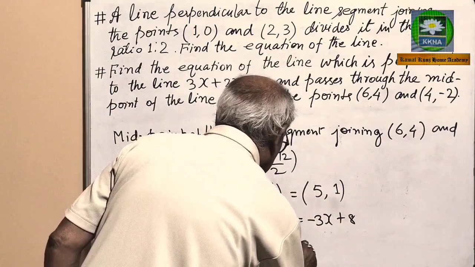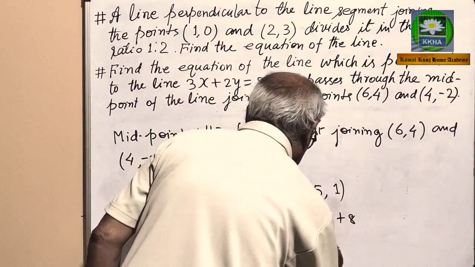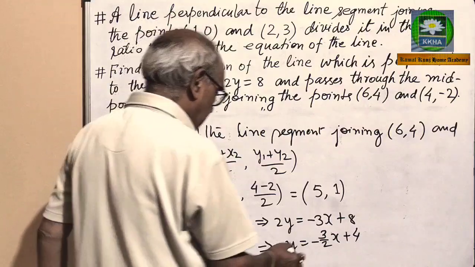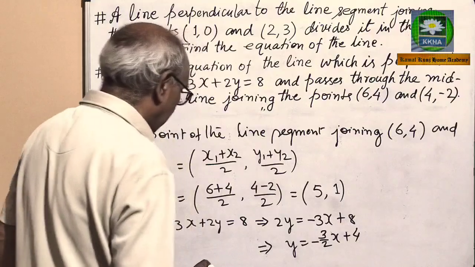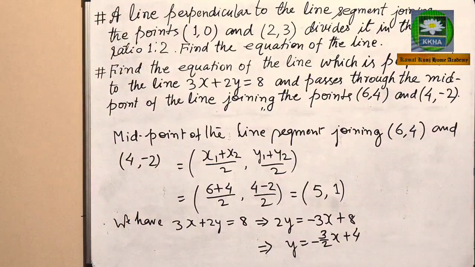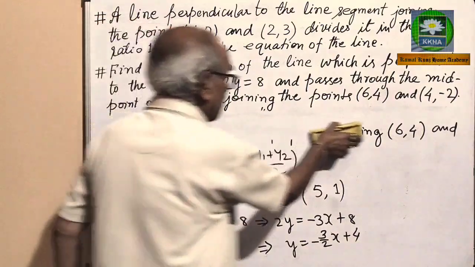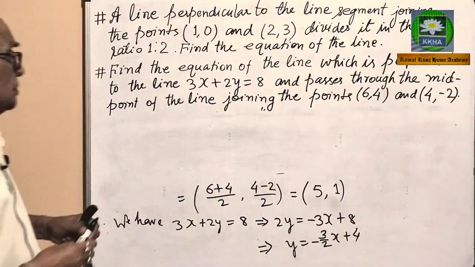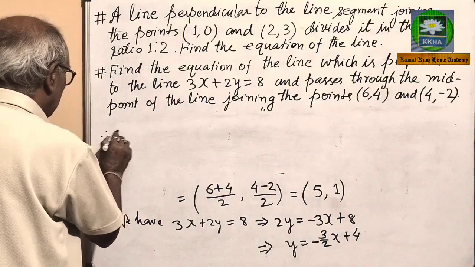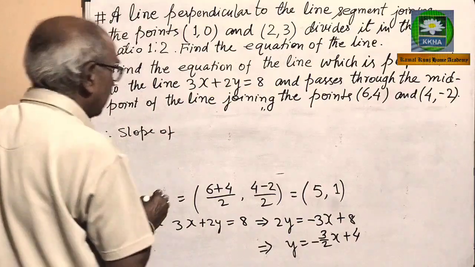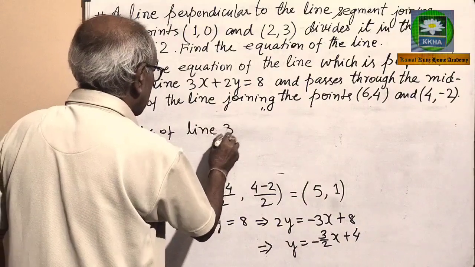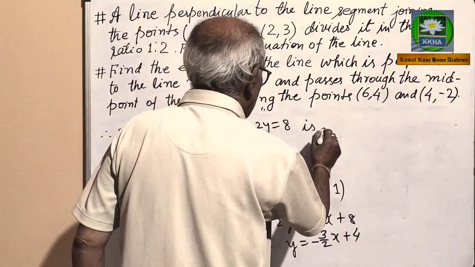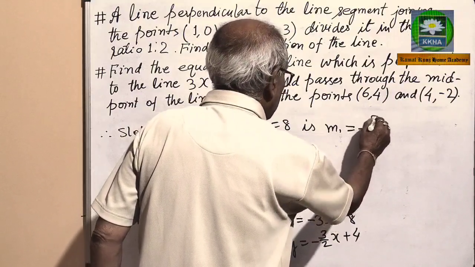This implies that y = -3/2 x + 8/2. So the slope of this line is -3/2. Therefore, the slope of the line 3x + 2y = 8 is m1 = -3/2.